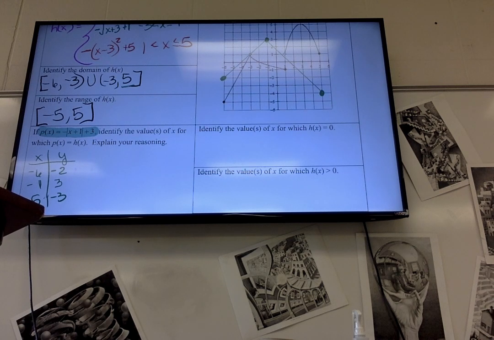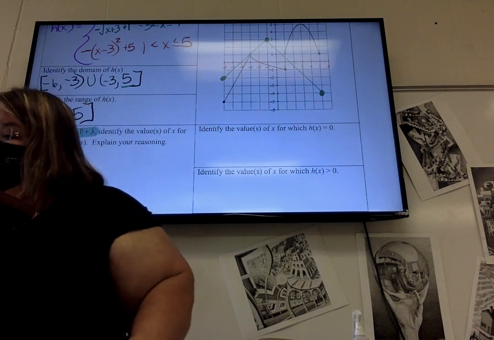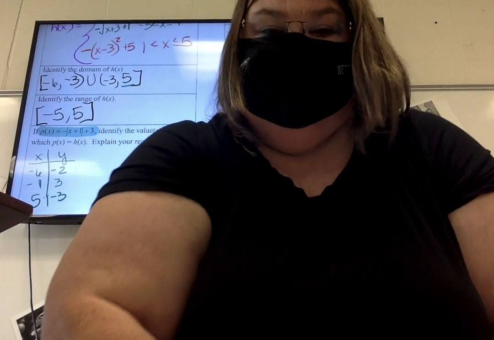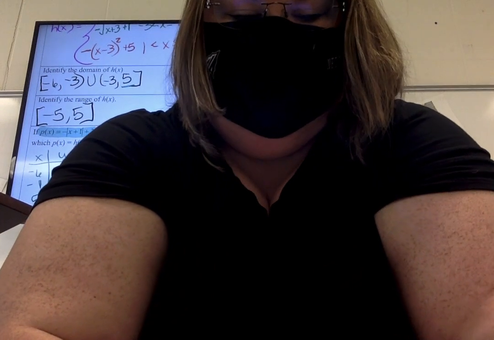I think technically it does go through that open circle, but I've drawn it more perfectly. But either way, even if it did go through that open circle, they don't actually intersect. So p of x and h of x never intersect. So they're never equal to each other.